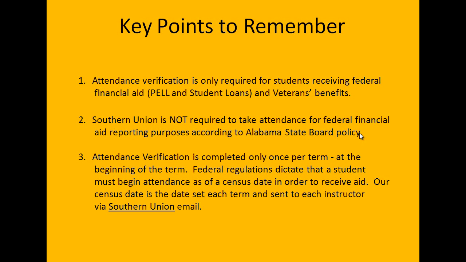So that is why we must have attendance verification completed once per term. That's always at the beginning of the term, and as of the census date, which is going to be published each semester in an email that is sent to each instructor through the Southern Union email accounts.